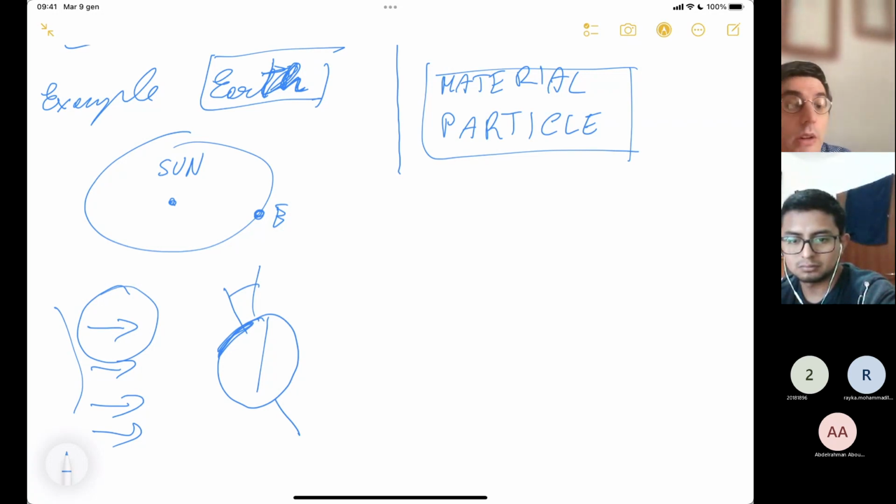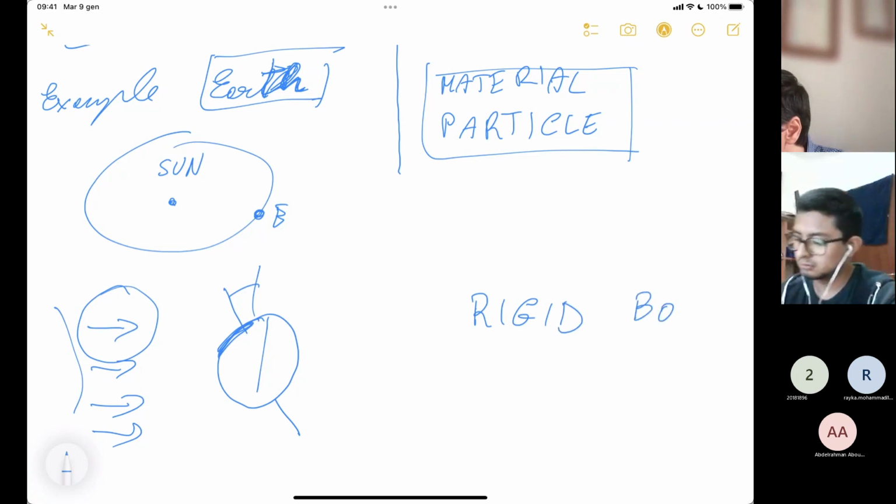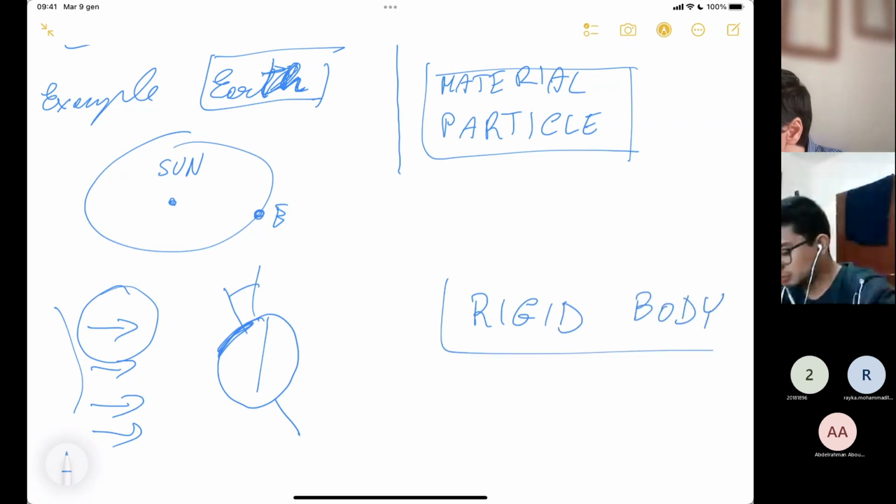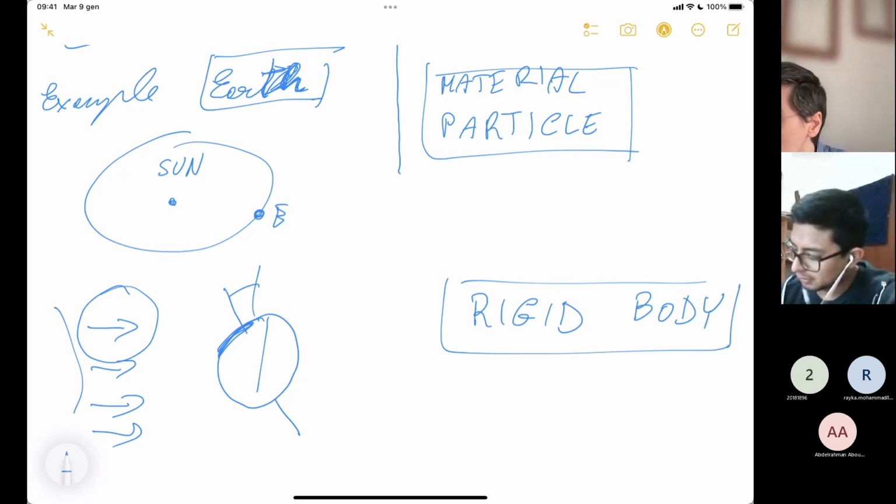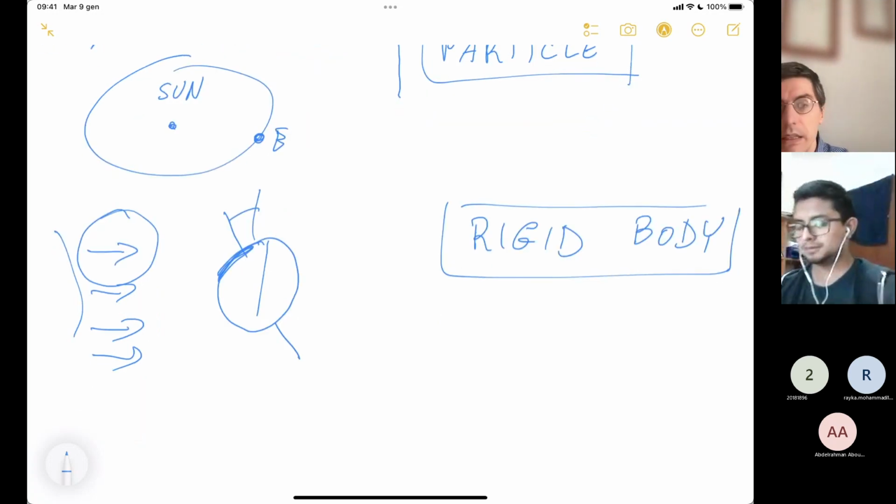And the simplest model to do it can be the rigid body. So you can imagine the Earth as a sphere, as a first approximation, with more or less the dimension of the Earth.